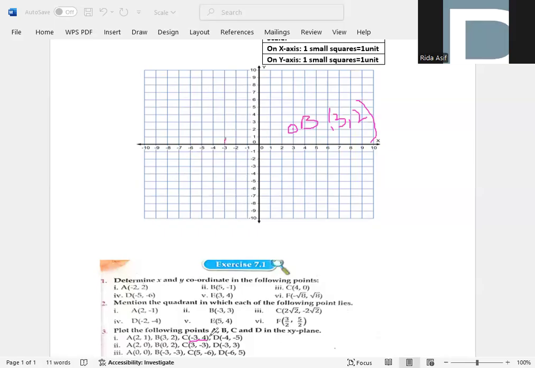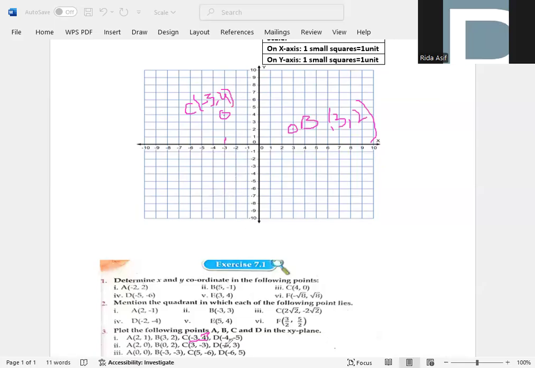And for the y-axis, we want plus 4. So plus 4 is over there. The point where these two intersect is where we plot C: minus 3 and 4.